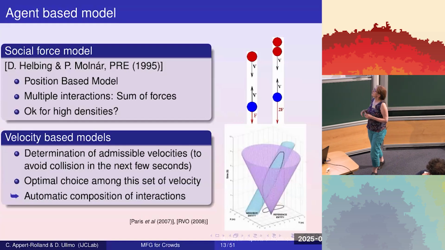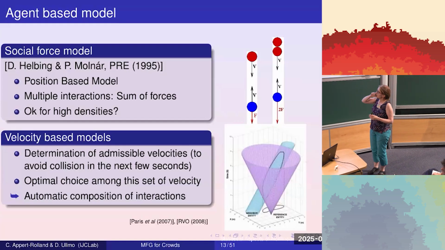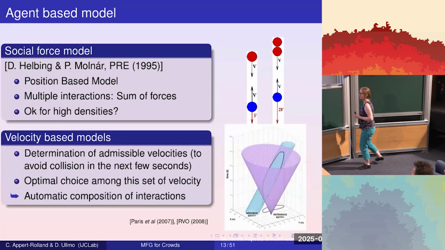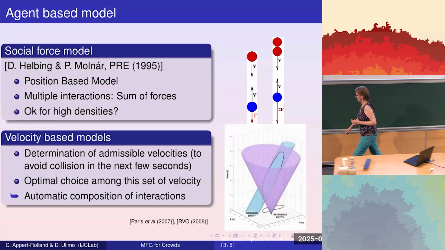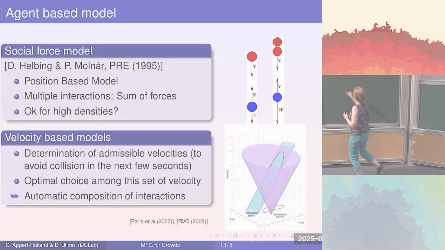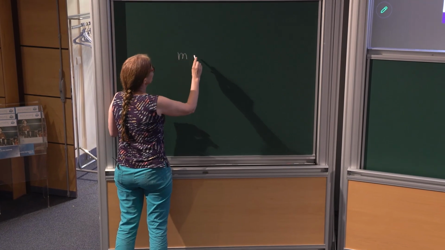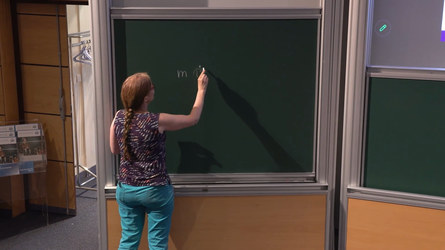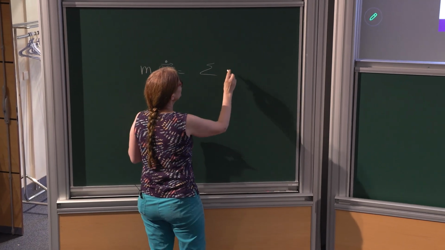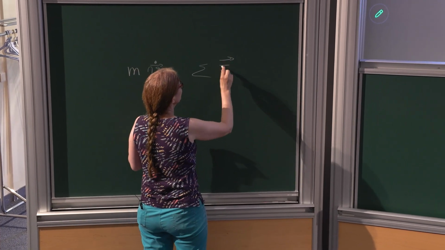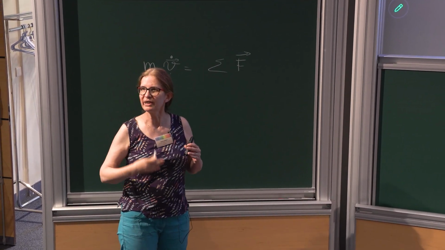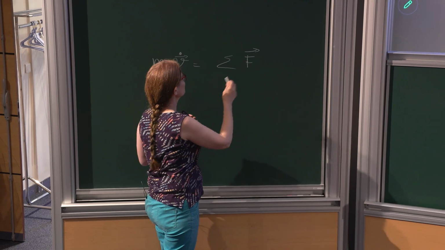Bertrand already said that this model has the problem of having too much inertia. What you will write in this model is that the acceleration will be equal to a sum of forces. There can be a driving force to your goal, there can be interaction forces, and so on.